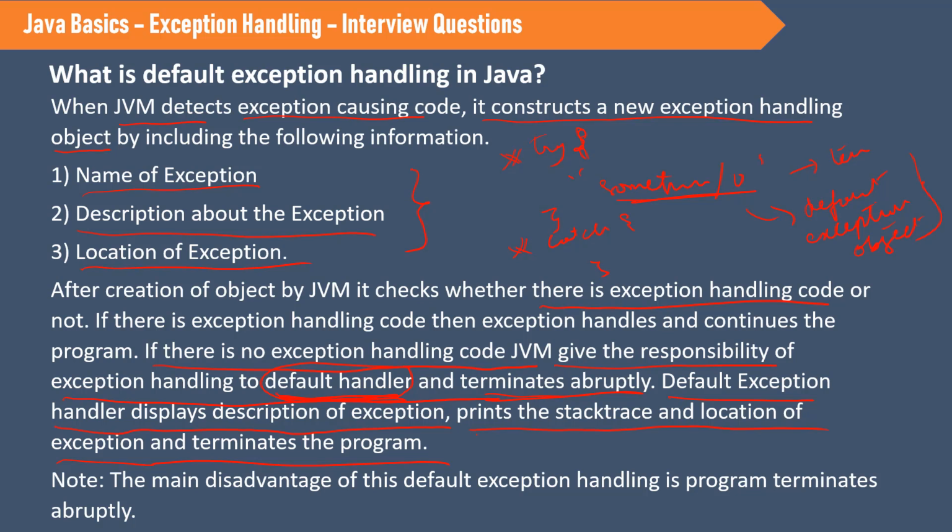It prints these three things and the program will be terminated here. So the main disadvantage of the default exception handling is that the program terminates abruptly.